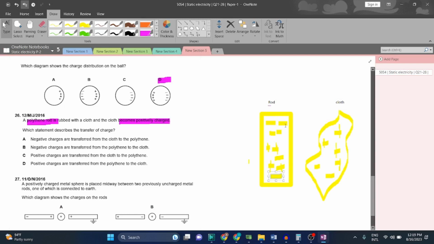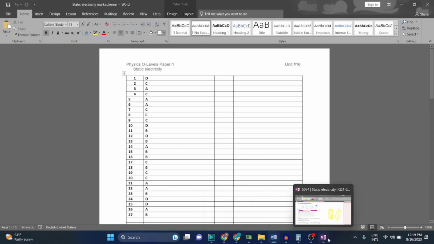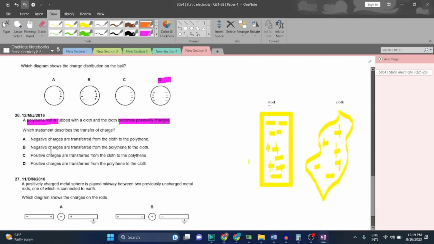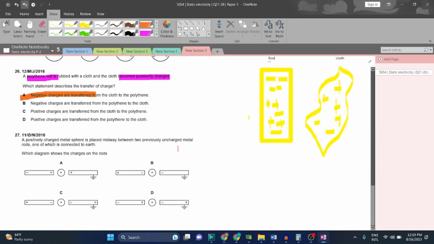Negative charges are transferred from the cloth to the polythene rod. This seems like the right answer. Yes, it is the right answer, because as I just told you, for it to become positively charged, it must lose its electrons. Let's move ahead.